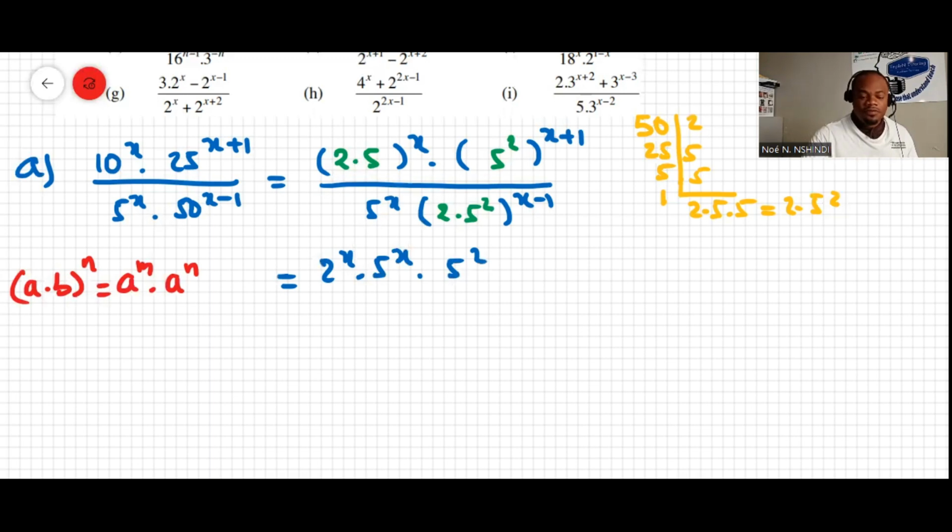We need to be very careful here: when we multiply this exponent, we don't say 2x plus 1, actually it's going to be 2x plus 2. That's why I advise writing 2 in open brackets x plus 1. Over 5 to the x multiplied by 2 to the power of x minus 1, multiplied by 5 to the power of 2 open bracket x minus 1.